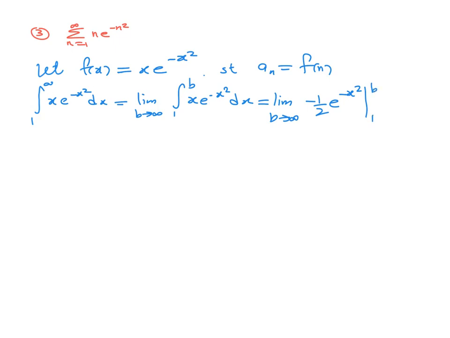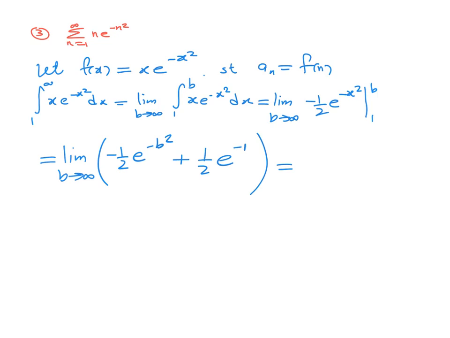So this now becomes the limit as b goes to infinity of negative 1/2 e to the negative b squared plus 1/2 e to the negative 1 squared, or equal e to the negative 1. Now, of course, this is a constant here, so I got to focus on this one. This is going to be the limit as b goes to infinity. I'm going to write that as negative 1 over 2e to the b squared, and then plus 1 over 2e.